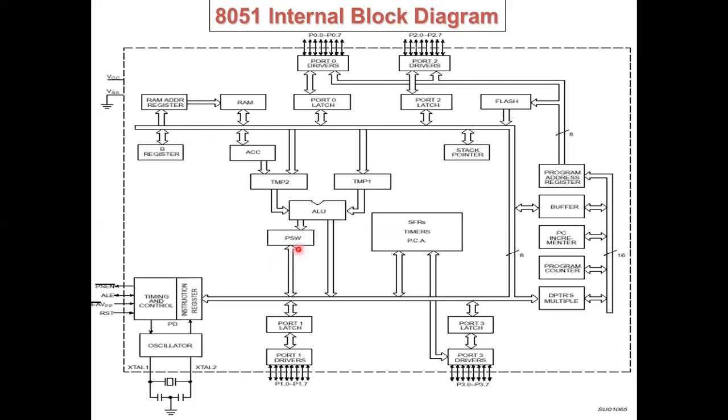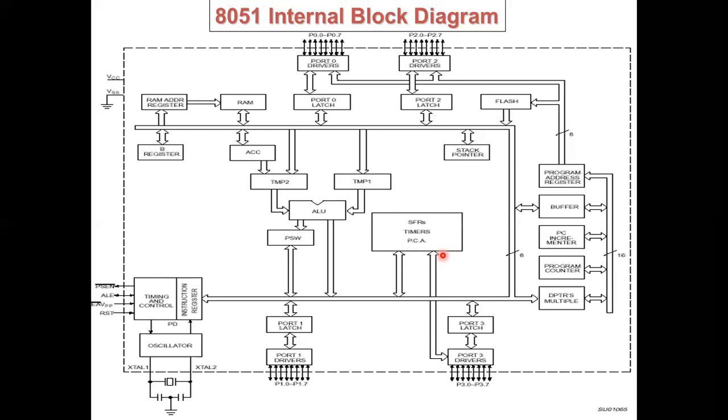Okay. Then special function register and timers. So what is special function register? For example, in 8085 we have MOV A, B. Those registers are defined as internal memory, so we are not putting any opcode for the registers. For example, MOV A, B means we are putting only the opcode for the move.